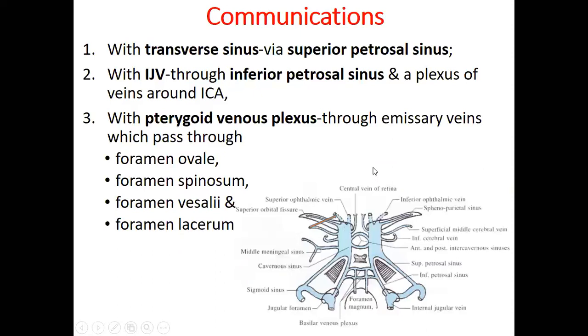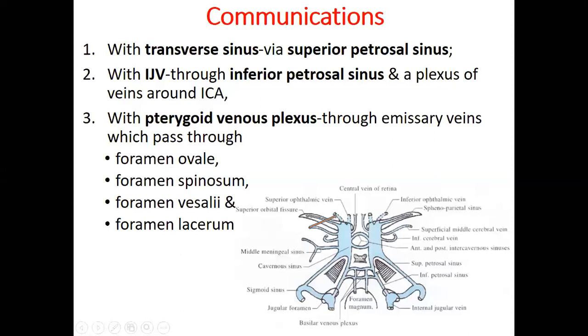Now come to the communications. The cavernous sinus communicates with the transverse sinus via the superior petrosal sinus. So this part, the transverse sinus, communicates with the cavernous sinus through the superior petrosal sinus.